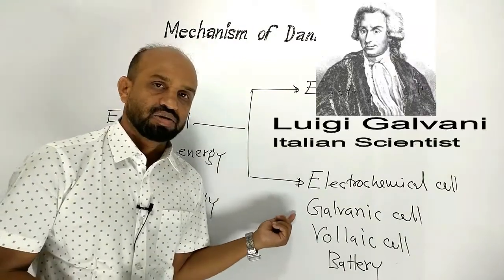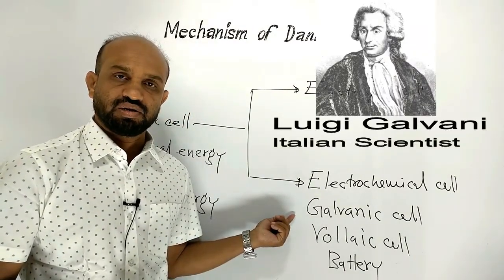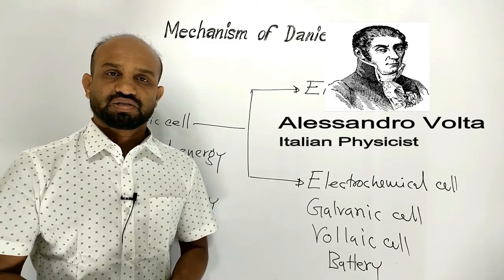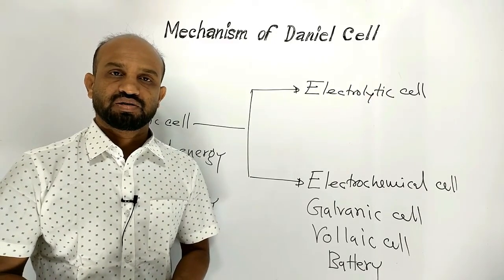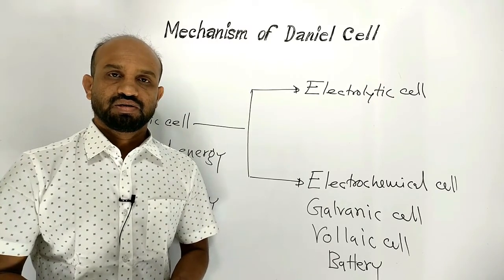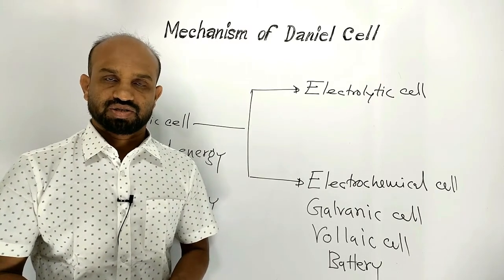Scientist Luigi Galvani and scientist Alessandro Volta first became able to convert chemical energy into electrical energy through spontaneous reactions.